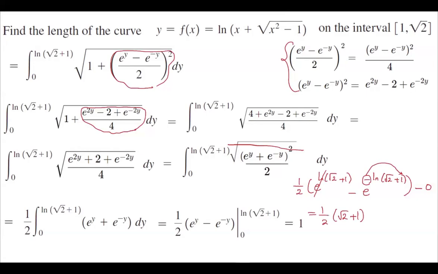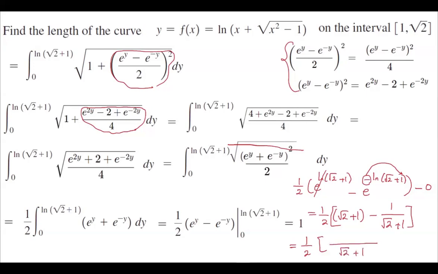So you get minus 1 divided by (square root of 2 plus 1), and then this a half belongs to both of them. You can take the common denominator, which is square root of 2 plus 1.